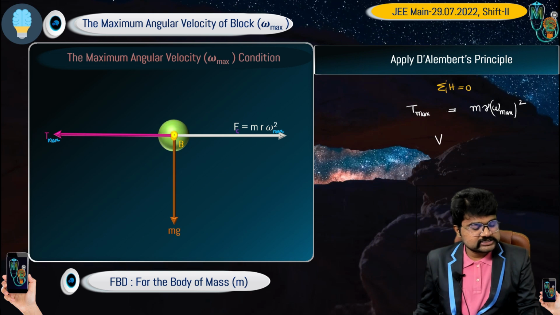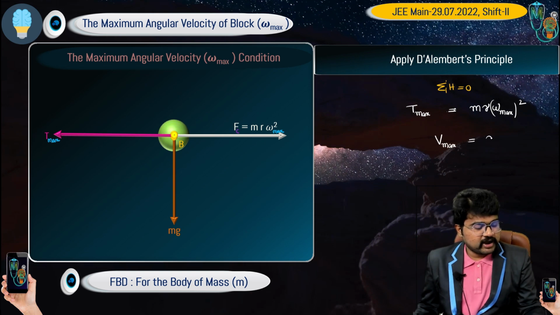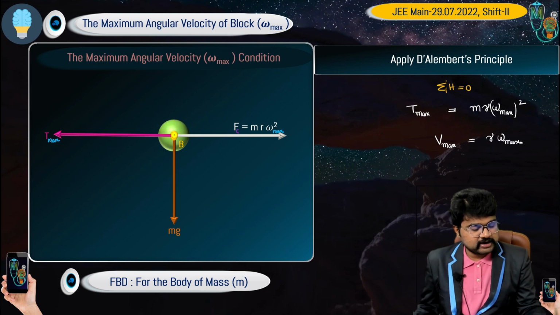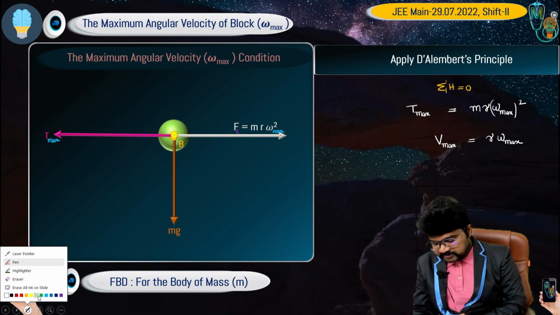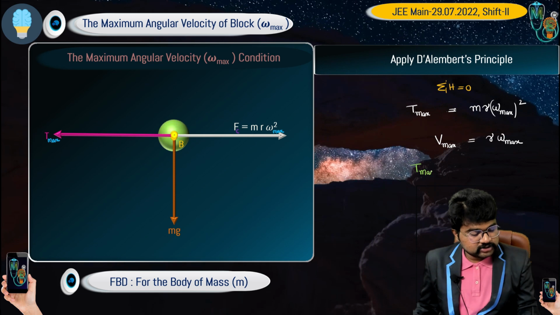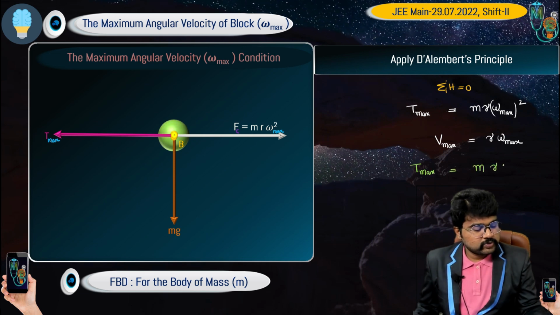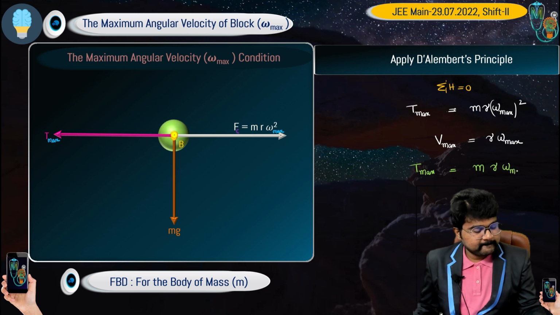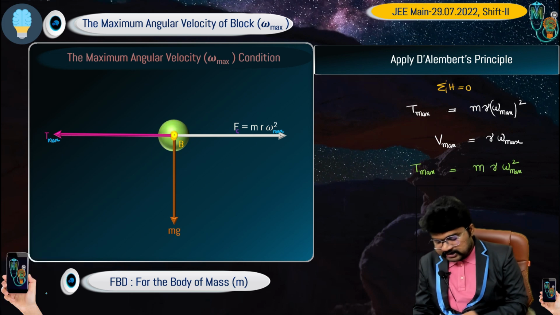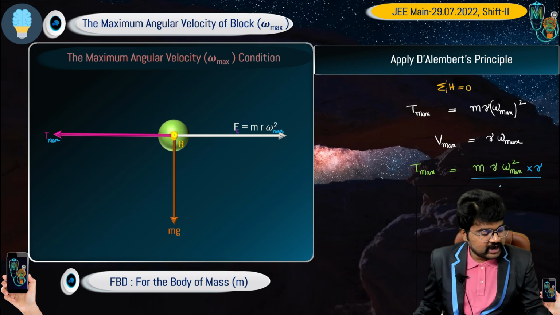We know the maximum linear velocity equals R omega maximum. So T maximum equals M R omega maximum square. You can multiply and divide with R.